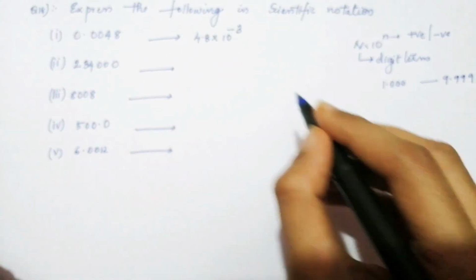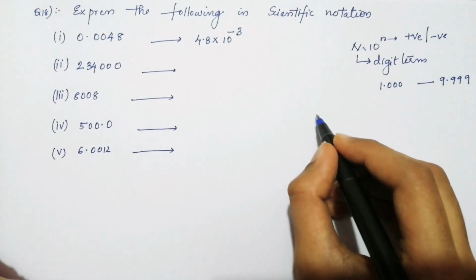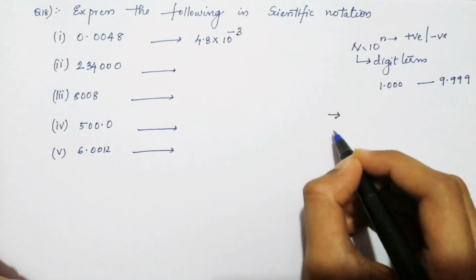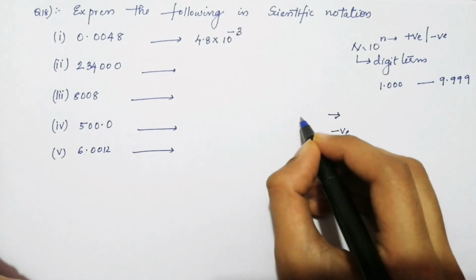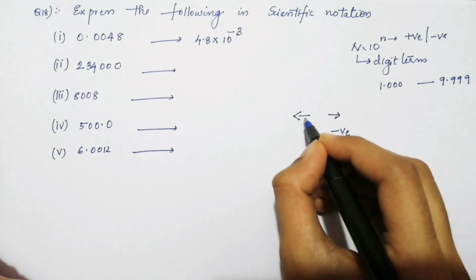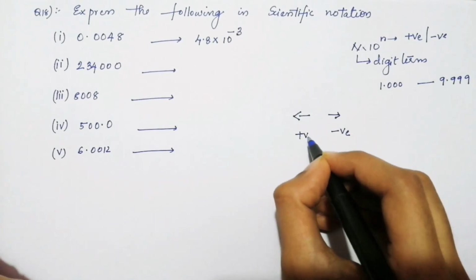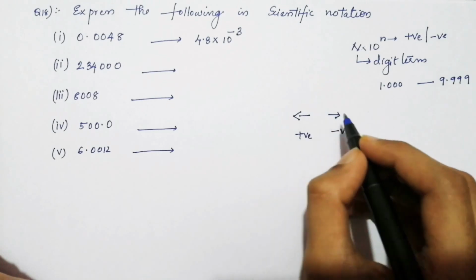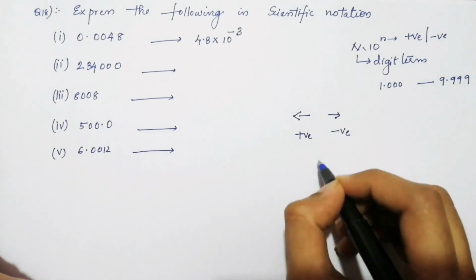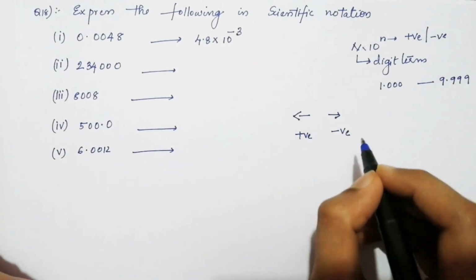From this we can say that whenever we are shifting the decimal point towards the right side, we get a negative exponent, and whenever we are shifting the decimal point towards the left side, we get a positive exponent. And the number depends upon the number of places the decimal is shifted.